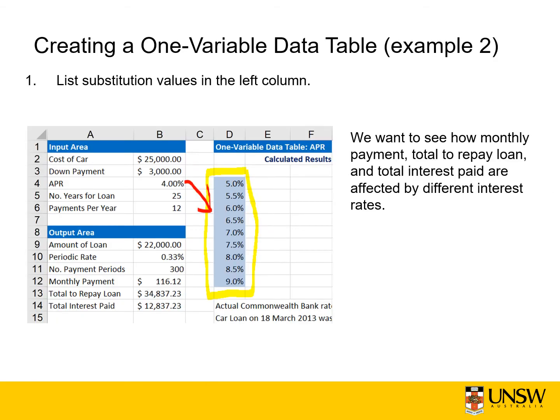In this example, we will create a more complex one variable data table. We want to calculate different factors such as monthly repayment, total to repay loan, and total interest paid based on different interest rates. In fact, we want to calculate the values of cells B12, B13, and B14 based on different variables for cell B4.